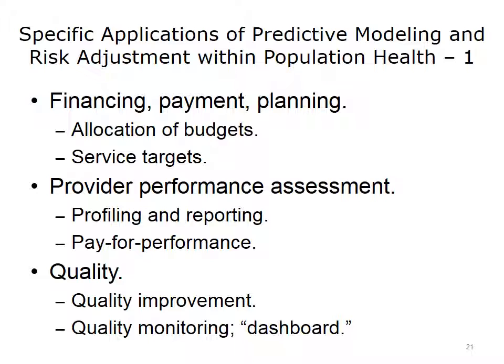It wouldn't be fair to look at outcomes, let's say hospitalization, or how advanced certain diseases have become within an enrolled population group and compared to another group, without taking risk and health status into consideration. For quality improvement analysis or ongoing monitoring, one also needs to take risk into consideration, particularly for outcome measures, but also for process measures too.